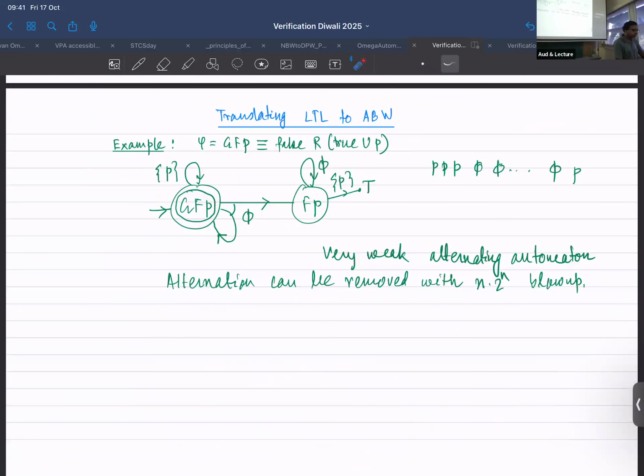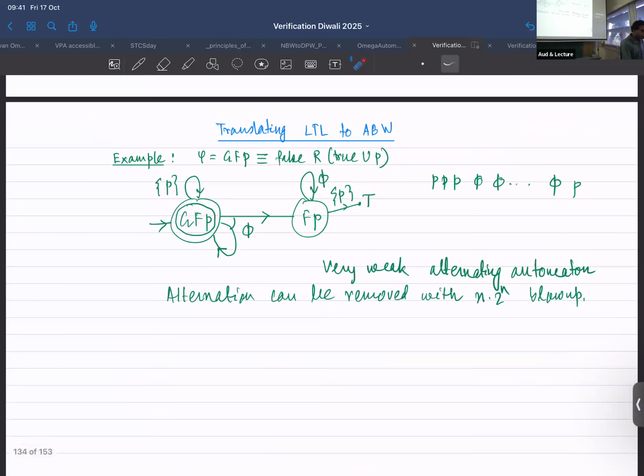So this was the alternating Büchi word automaton corresponding to this GFP. GFP is like false release, true until P, right? So if you consider the closure of this formula, the closure of phi, what are the things that you would have here?